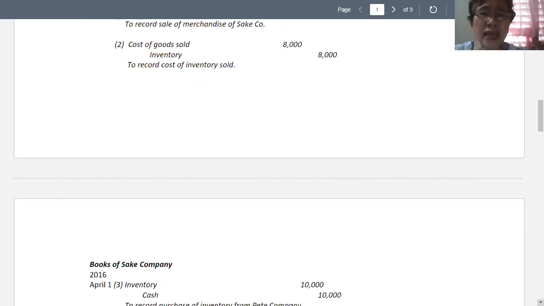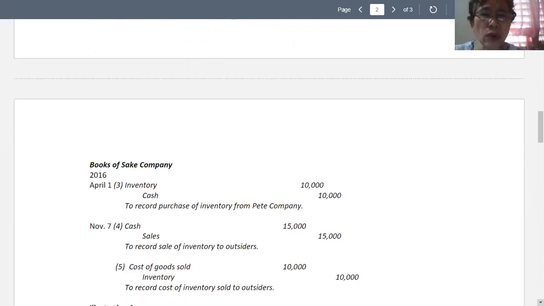But SAIC, taking the role of subsidiary, is debiting cash and crediting sales with a difference of 5,000. So that's the profit recorded or realized by SAIC as the subsidiary, the excess over the cost of 10,000 for the goods acquired from the parent.